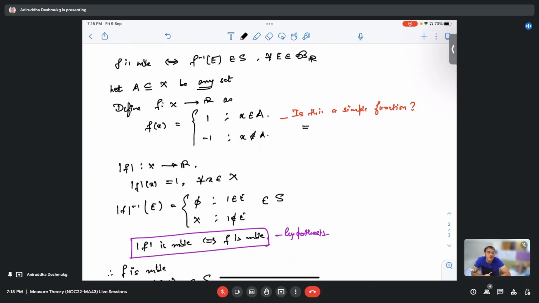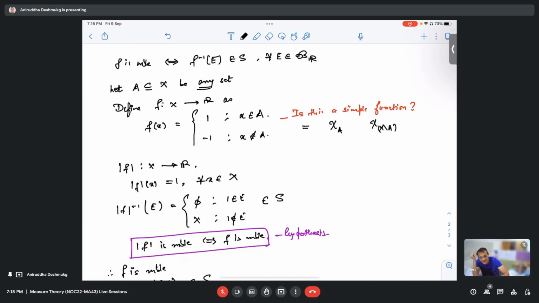So how do I write it in terms of the characteristic functions? See which two sets are involved. A and A complement, right? The only two possibilities are either a point is inside A or the point is inside A complement, correct? So the two characteristic functions that are involved are chi A and chi A complement.